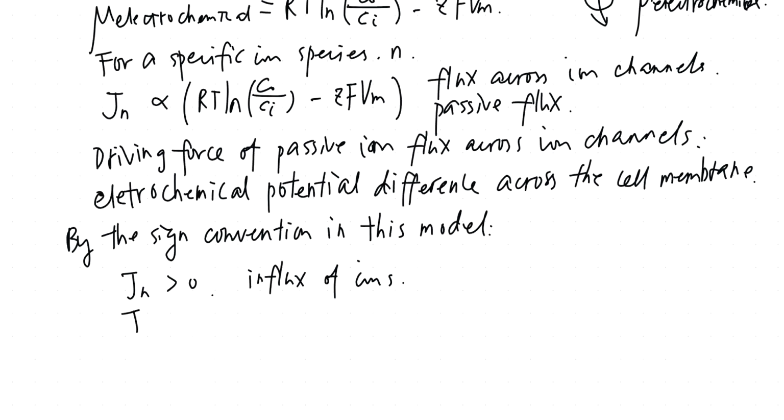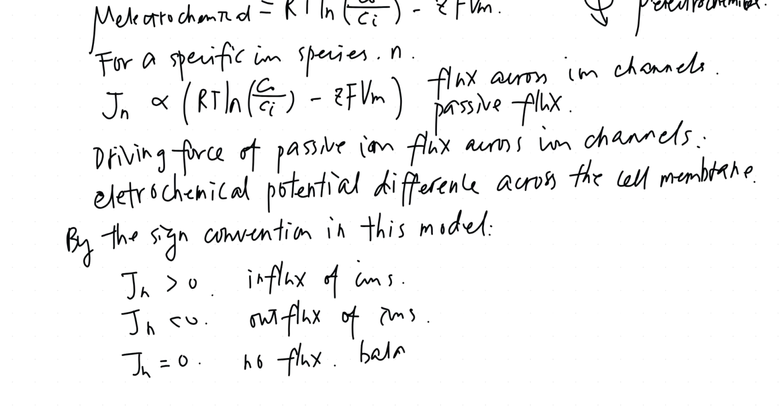Obviously, if Jn is less than 0, it's outflux. Also, when Jn is 0, there is no flux. That means there is a balance between the chemical potential and the electrical potential.